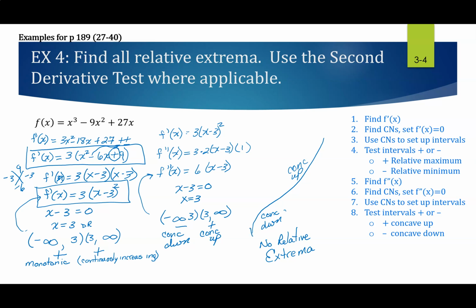It was continuously increasing, which is what we found out from the first derivative. And then the second derivative just helped us with the curvature of it. And so in this case, no relative extrema.